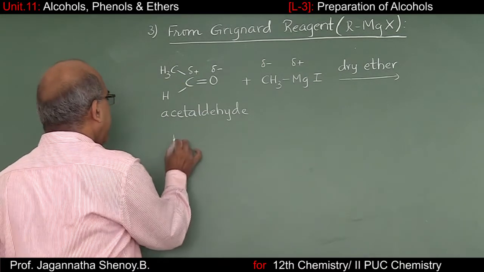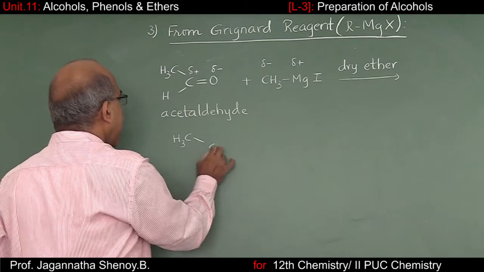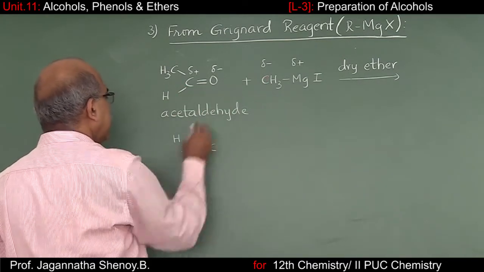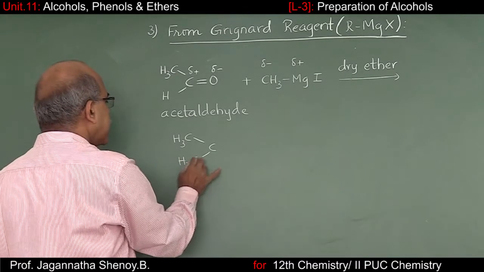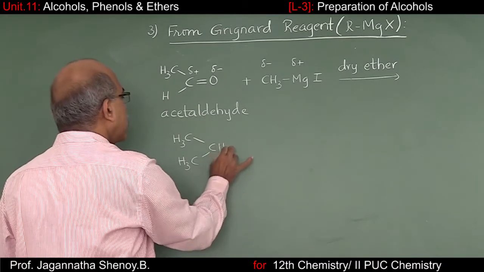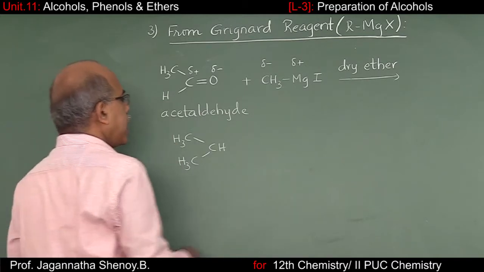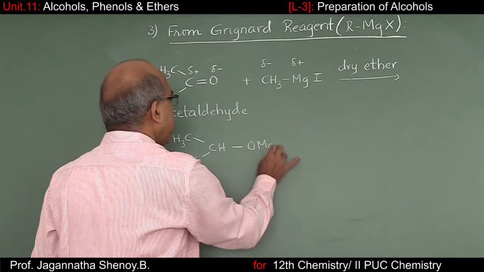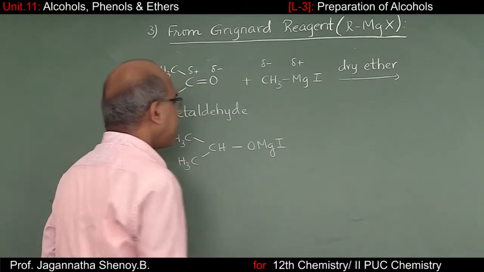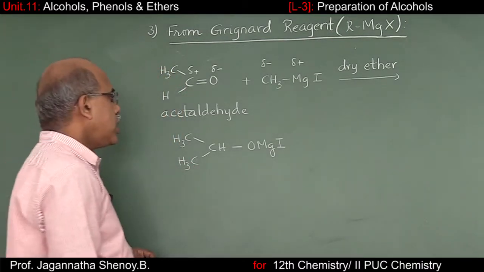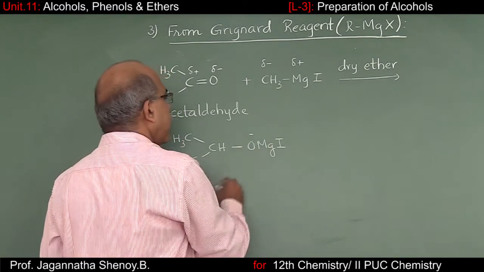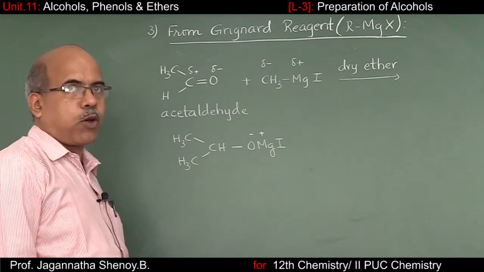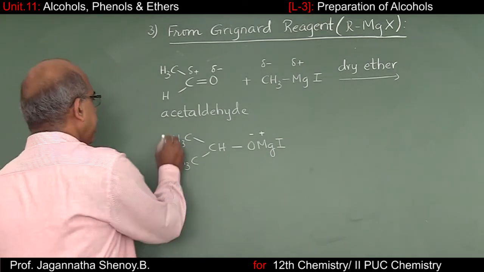So how do I represent the adduct? CH3C, and to this carbon atom, that CH3 gets attached, and of course we have a hydrogen over here, and to oxygen gets attached MgI. So what I get is OMgI. So this is the addition compound. You have an O minus and MgI with a positive charge on magnesium.